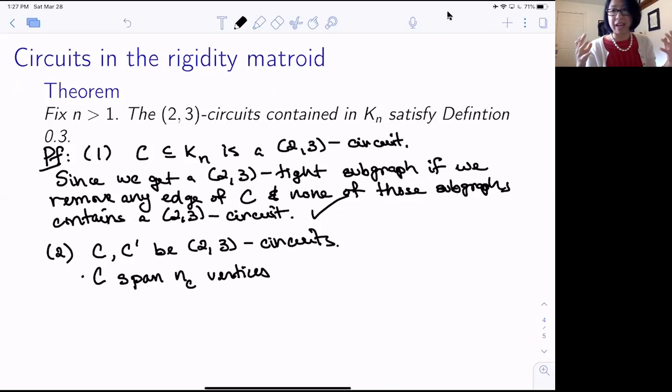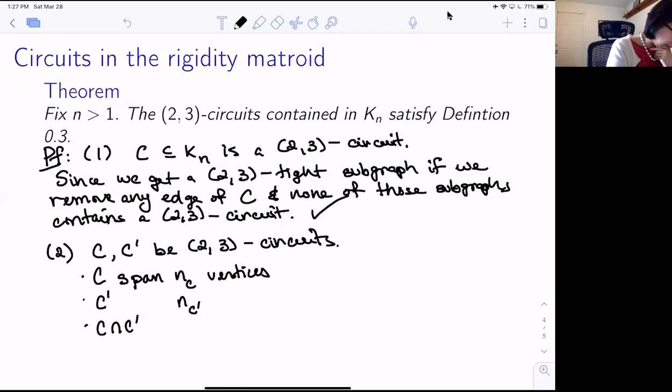Just means that if I have the subgraph C, there are nC vertices in it. Similarly, C prime spans nC prime vertices, and we'll say that their intersection, C intersect C prime, spans n double prime vertices, okay?